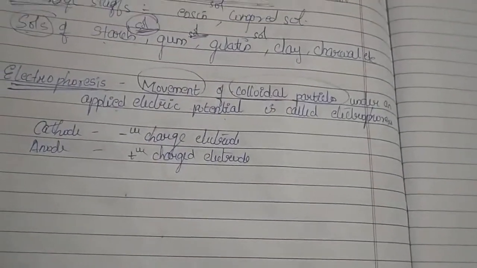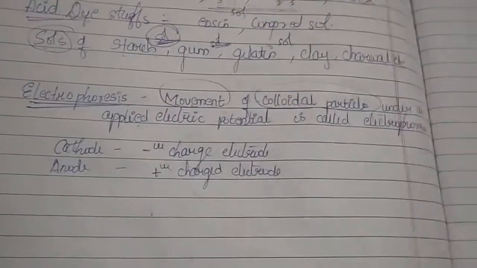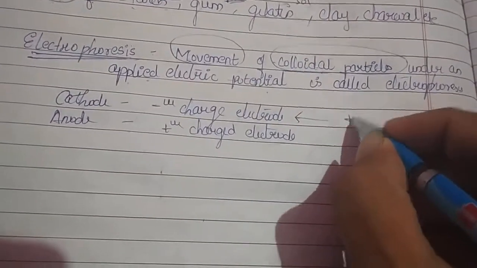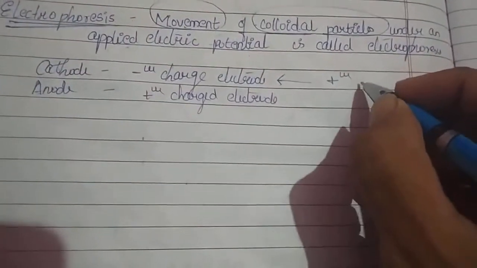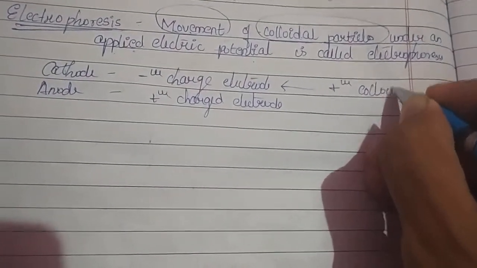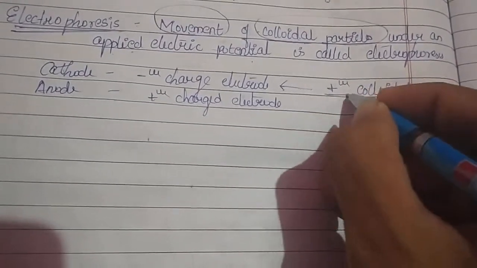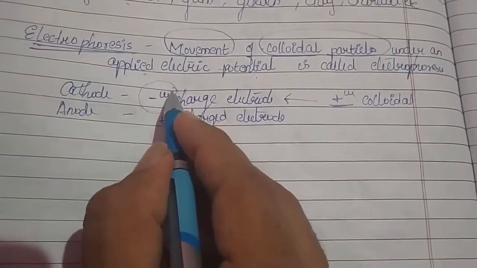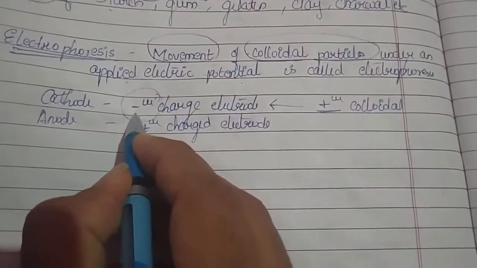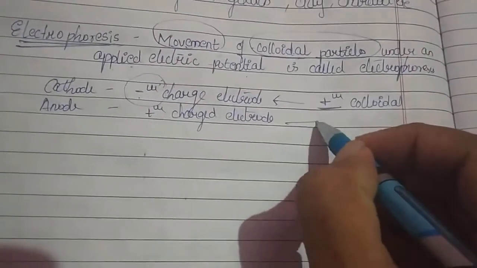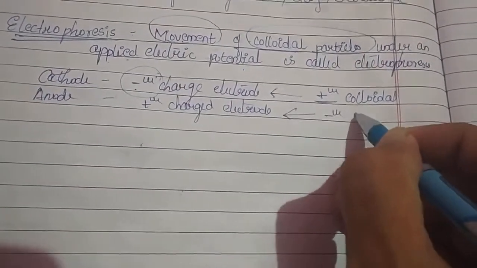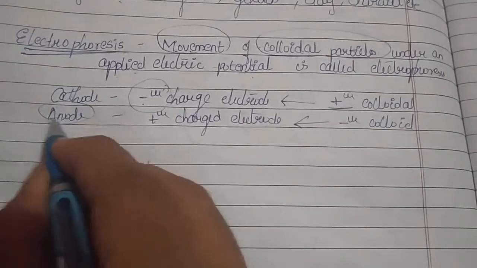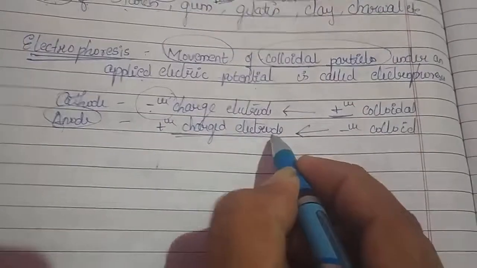Now, if our colloidal solution has positively charged colloidal particles, of course they are going to migrate towards the negatively charged electrode. They will go and form a coagulation or a precipitate near the negatively charged electrode. Whereas if the colloidal particle is negatively charged, it will go towards the anode, the positively charged electrode.